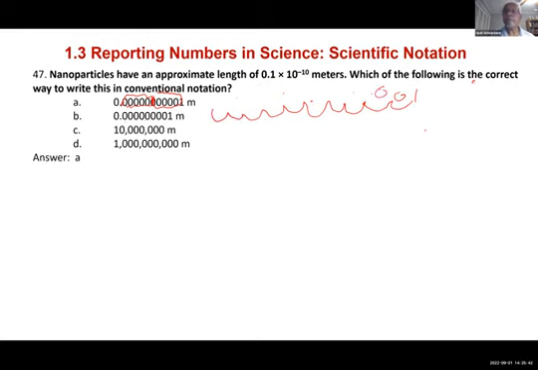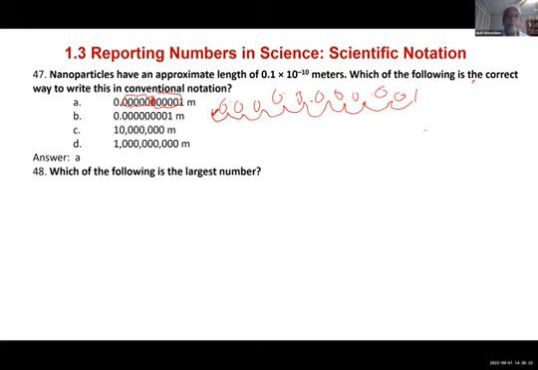There's a 1 0 here, 1 0 here, and so on, 1, 2, 3, 4, 5, 6, 7, 8, 9. The decimal place is here now. 1, 2, 3, 4, 5, 6, 7, 8, 9, 10. So that's the correct answer. Do you understand how I came up with that?